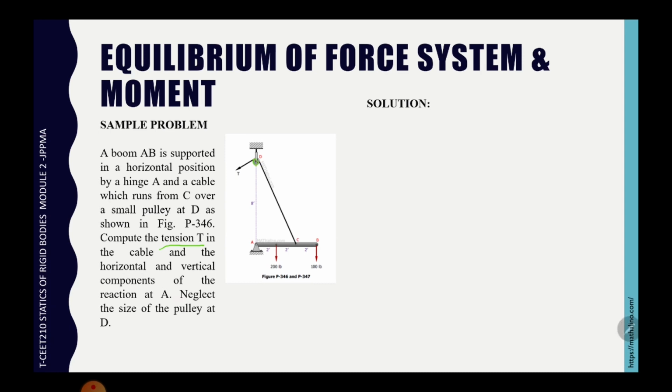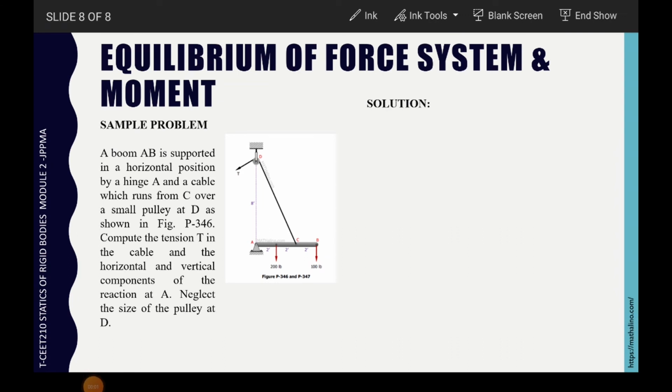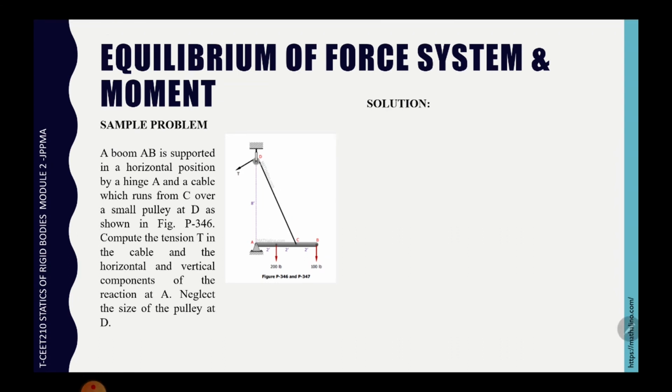Ito, this is pulley. Ayan. Since we will neglect the size of the pulley at D, so magkakaroon ng extension dito. This is letter T. This is the tension. So, dito naman sa hinge, meron tayo ditong reactions na AV and AH.